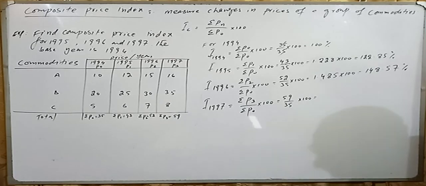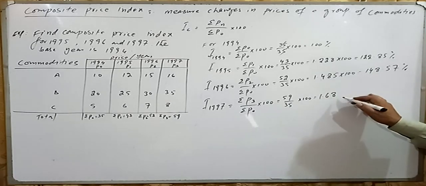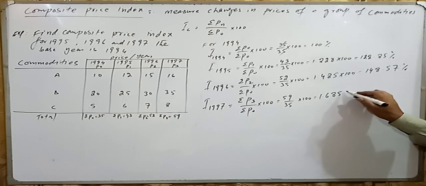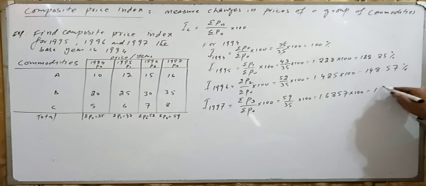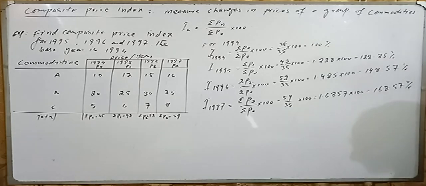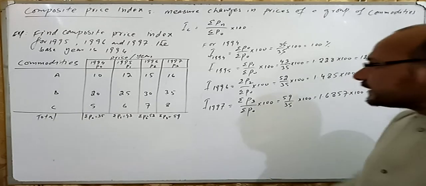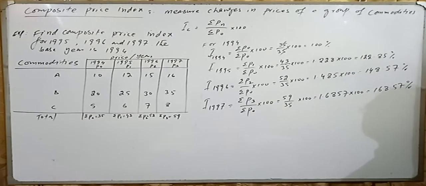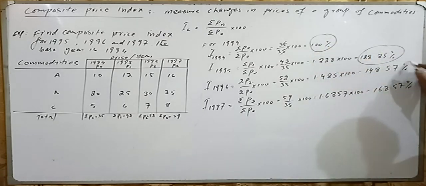It becomes 1.6857, multiplied with 100, so it becomes 168.57%. In this way you can do the calculation for all the years.